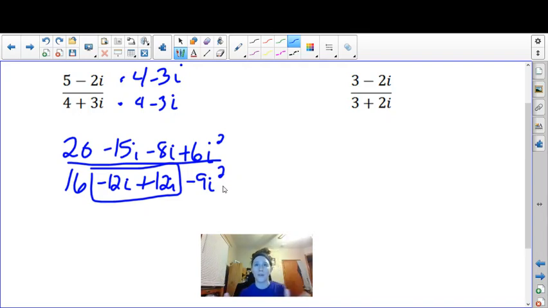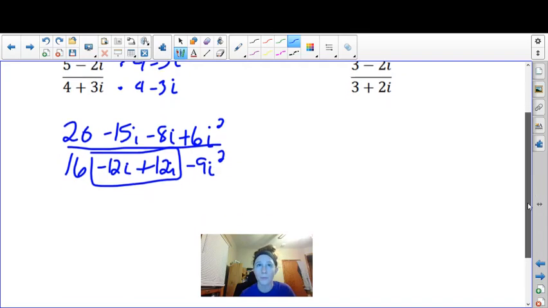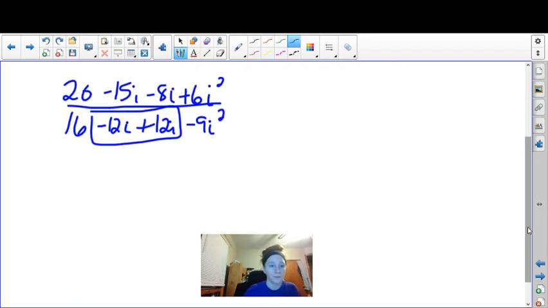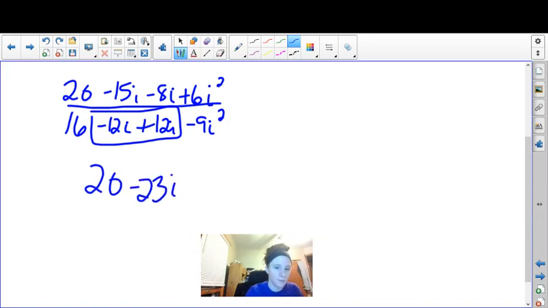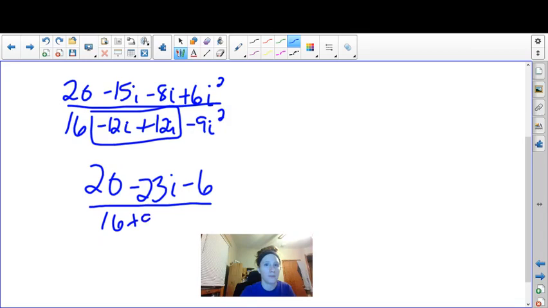So we're going to simplify the top and the bottom by combining like terms. We're going to do that to both. 20 minus 23i minus 6, because again, 6 times i squared is -1, replace it with -1, 6 times -1 is -6, over 16 plus 9.